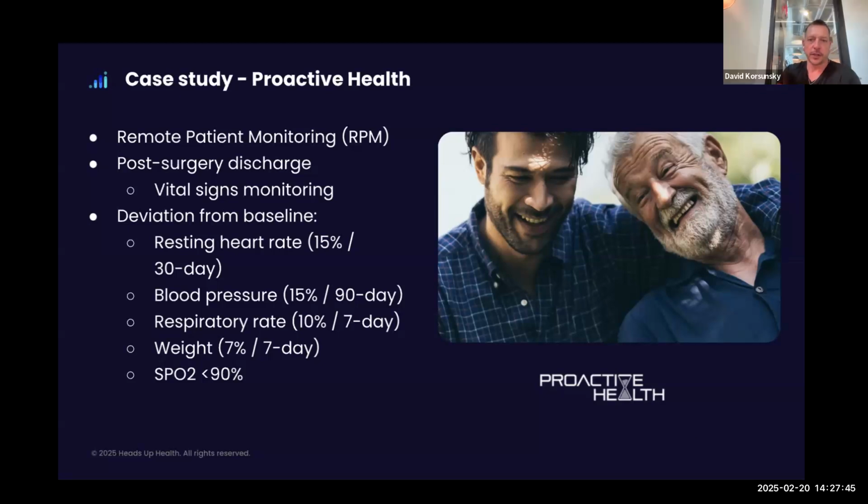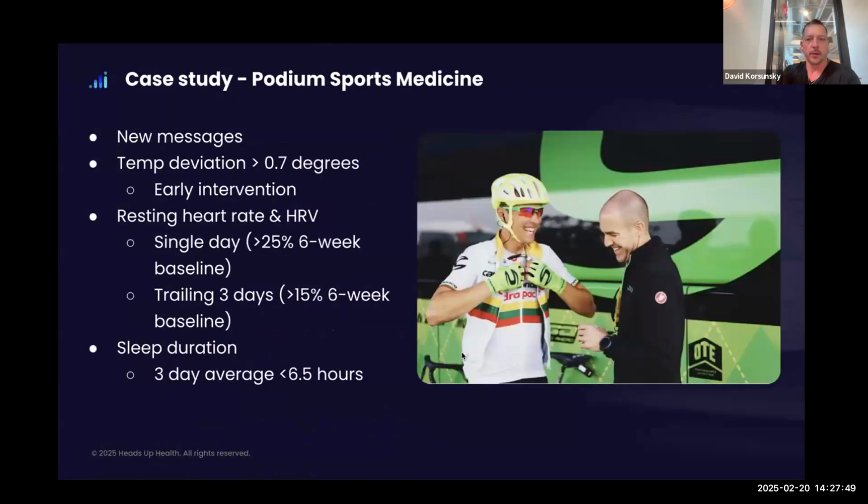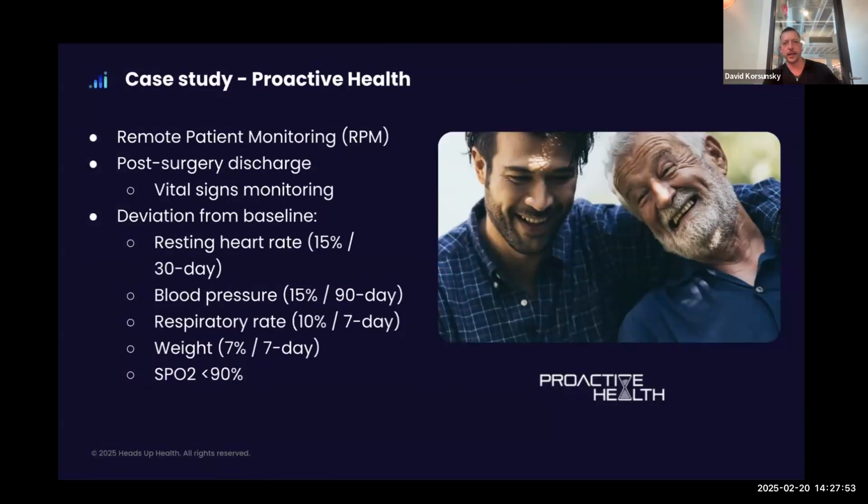Thanks, Alex. So two very different examples here, obviously. We have Podium looking at elite athletes, and then we have Proactive looking at individuals who have just been discharged from surgery and they're being monitored at home.